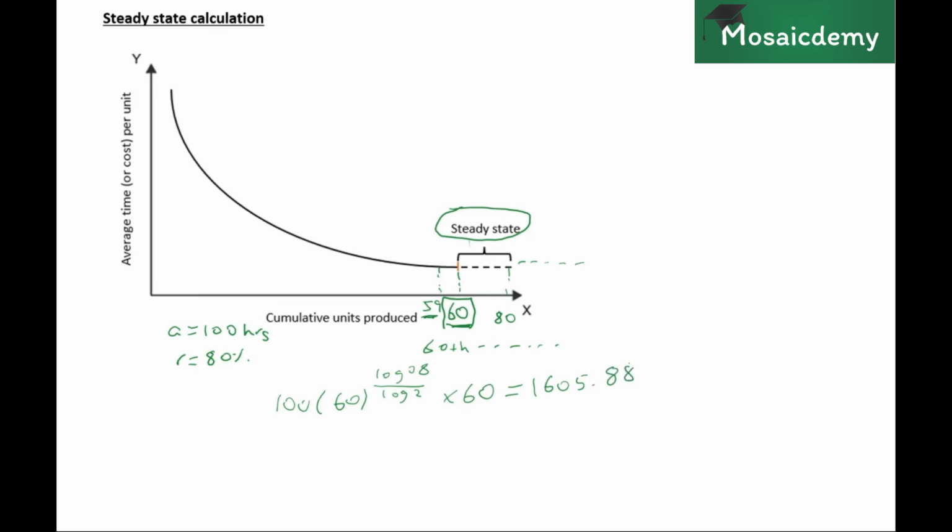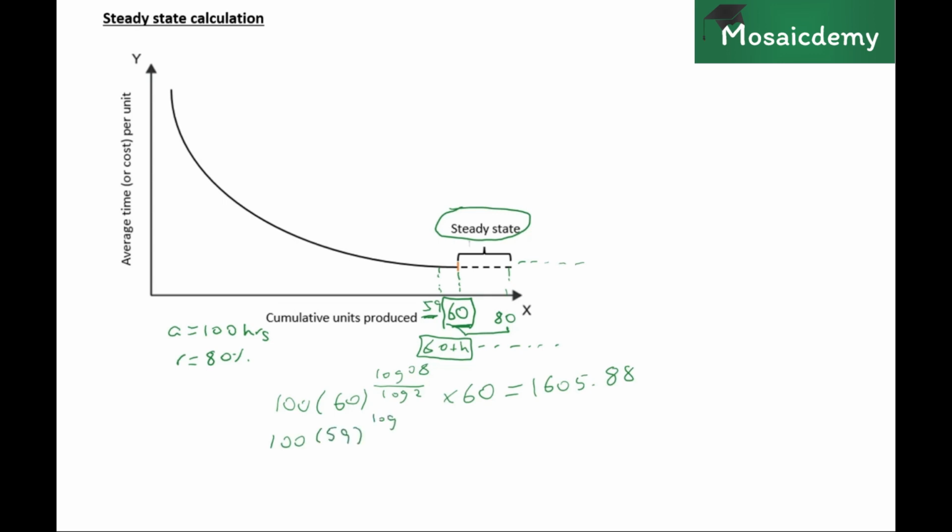Now after that we need to find the time for the 61st to the 80th unit to find the total time for the first 80 units. For that we need the steady state time, for which we'll need to find the time for the 60th unit. The 60th unit's time would be found by taking the total time of 59 units and subtracting that from this value.